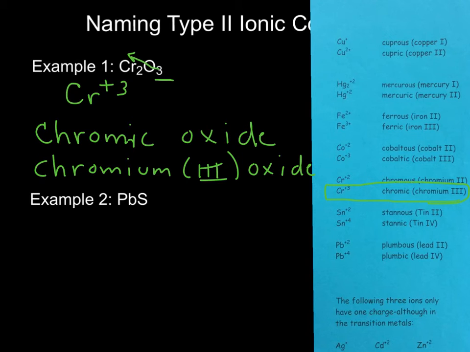For example 2, we have PbS. Now right away we can identify Pb as lead, and we can identify S as sulfur, which would then be called sulfide according to our binary rules. But which lead is it? This is where we're not sure. And we also don't know what the subscripts are because there aren't any written down. So you have to do some thinking. You have to locate sulfur on the periodic table.